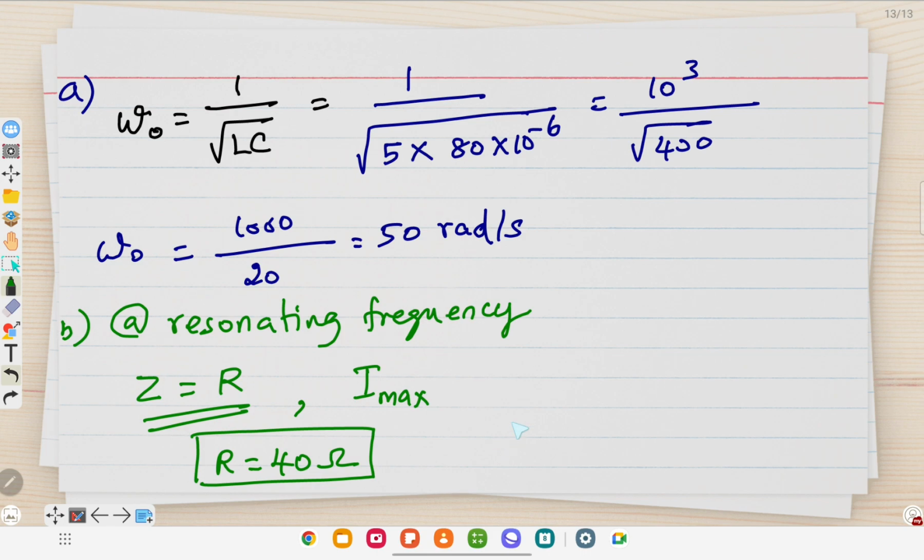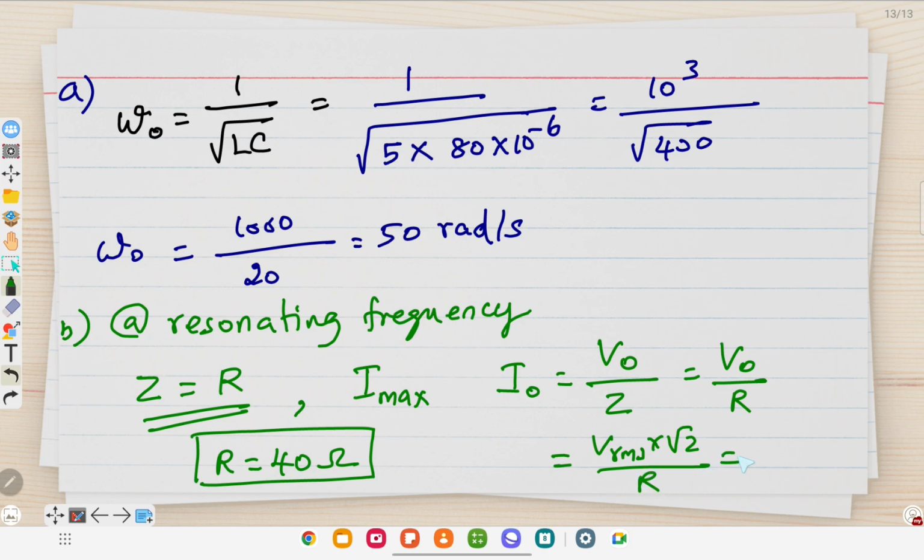So if you want to find I max, I max or I naught is equal to V naught by Z. At resonating frequency, you can write V naught by R also, because Z is equal to R, and V naught is V RMS into root 2 by R, because the input given is V RMS, which is 230 volt, into root 2 by resistance 40.